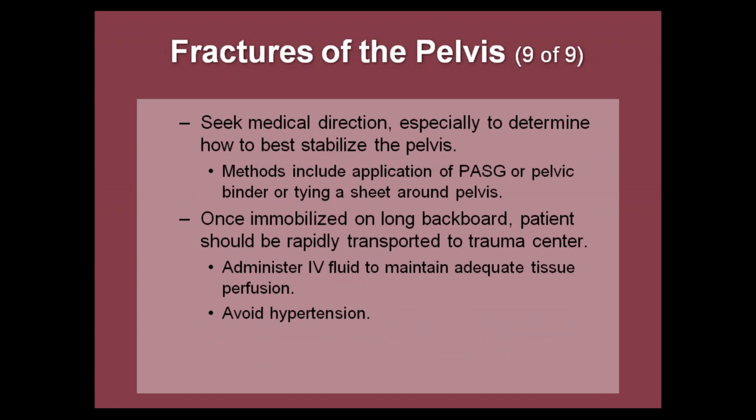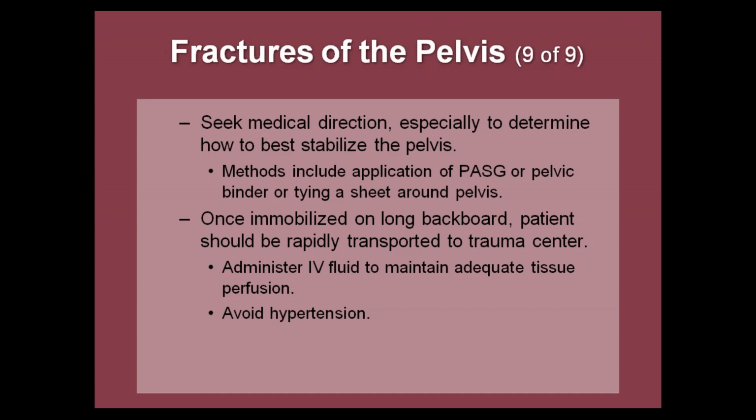Seek medical direction, especially to determine how to best stabilize the pelvis. We utilize the pelvic binder. If you don't have a pelvic binder, you can utilize a sheet wrapped around and tied like a square knot over the top to apply some pressure. The patient possibly will give you an indication that that feels better.